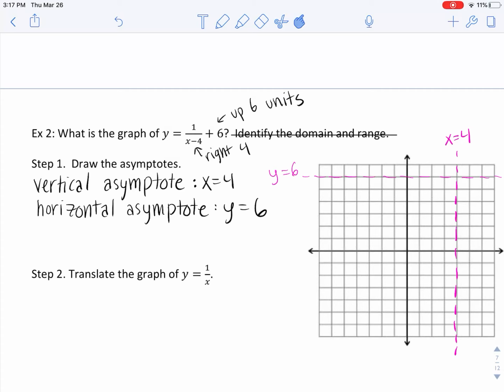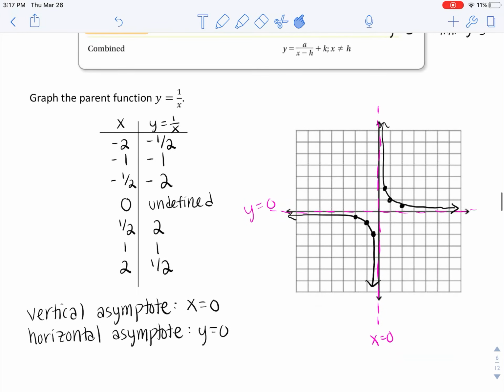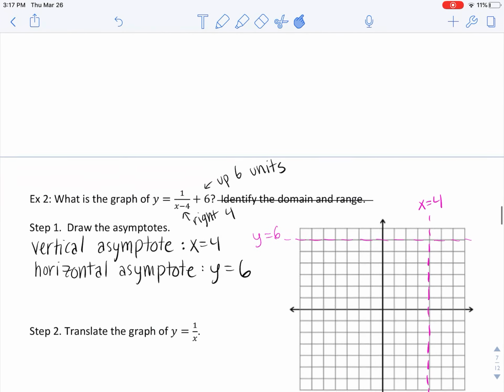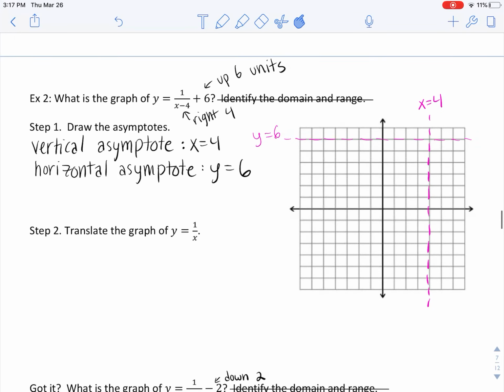So if we were to take our parent function of y equals 1 over x right here, we would want to shift it to the right 4 and up 6, which is not super nice on the graph that we have here.